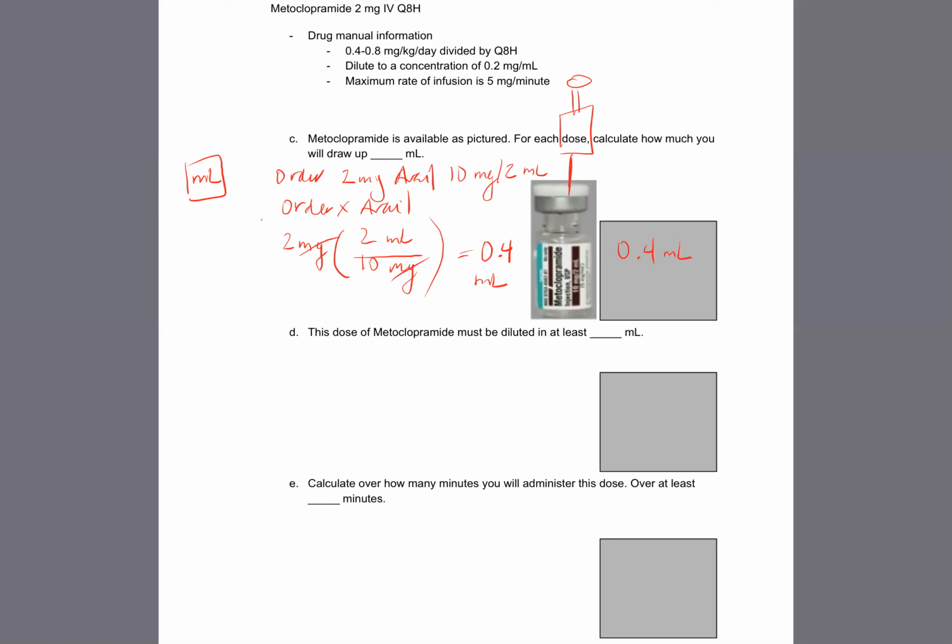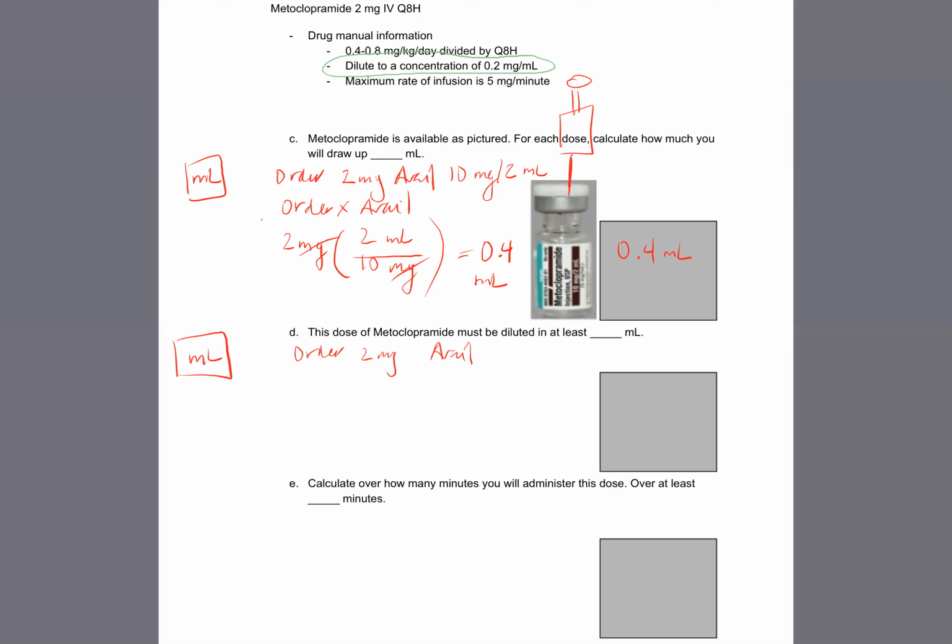The dose of metoclopramide must be diluted in at least how many mLs? So remember, we're going to dilute to a concentration of 0.2 milligrams per mL, and the units we're looking for are mLs. So we're going to do order, 2 milligrams.